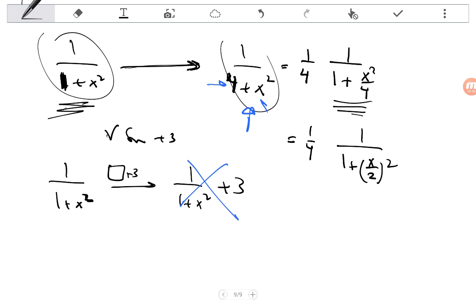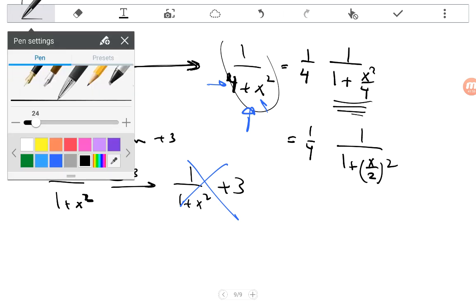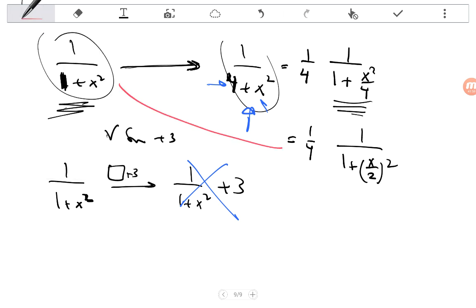Now, can you get it? How can I get from this one to this one? I think it's obvious now. I would start with 1 over 1 plus x squared. I remove every x to be x over 2. Yes. So that would be 1 over 1 plus x over 2 all squared.